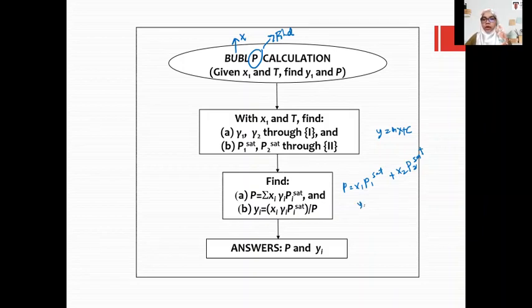You know that the partial pressure equals the composition in liquid times the activity coefficient, and also the saturation pressure. So yi equals xi gamma i Pi saturation over P. And then finally, you can obtain the value of composition in vapor and also the pressure.